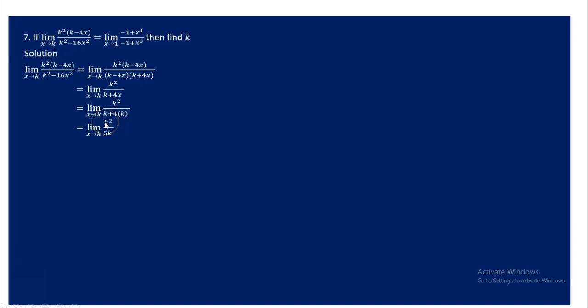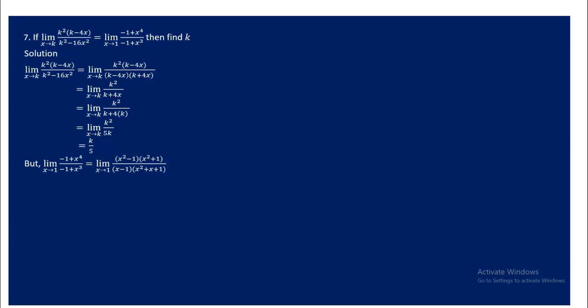That's written here: k squared over 5k, so as x approaches k, it's going to be k over 5. So I now have this to be k over 5. I could have omitted these two steps and said directly k over 5. Anyway, we have this k over 5, students.